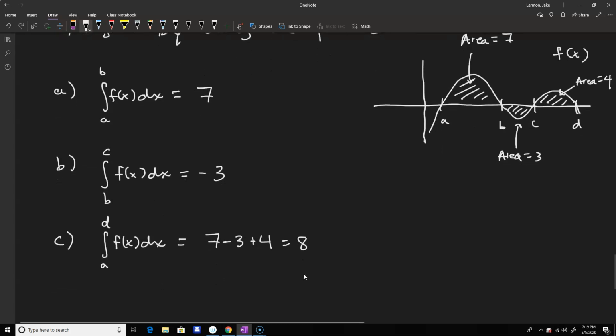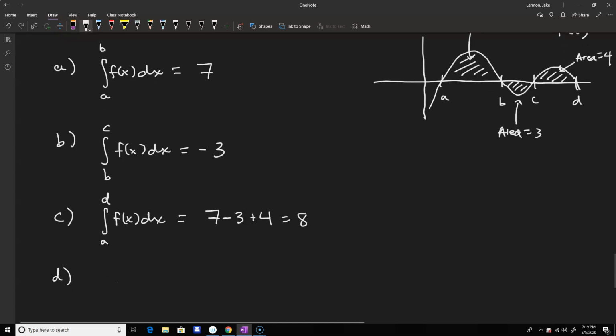If you wanted to get the true accounting of all the areas, thinking about everything as positive no matter what, there is a way to do that. The way is we would not look at the area of the function, we would look at the area of the absolute value function. So let's say we did the integral from a to d. Sorry, I wrote a b, I meant a d. But instead of looking at f of x, let's say we looked at the absolute value of f of x.